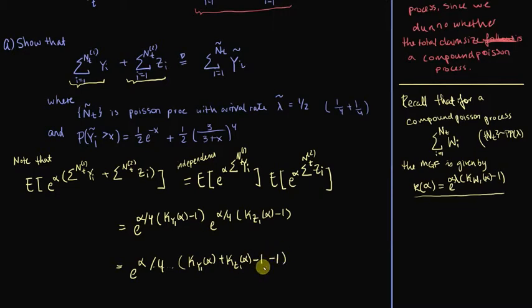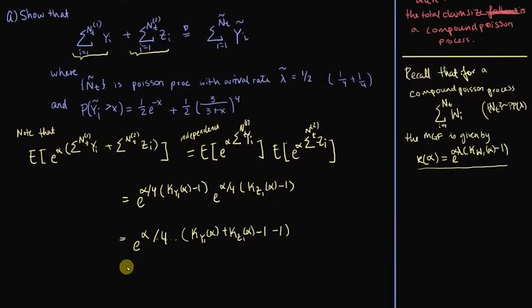And what you get in here is actually a minus 2, right? So we can see that this is equal to e to the alpha multiplied by 1/4 multiplied by kappa, so the moment generating function of y1 alpha plus the moment generating function of z1 alpha minus 2.